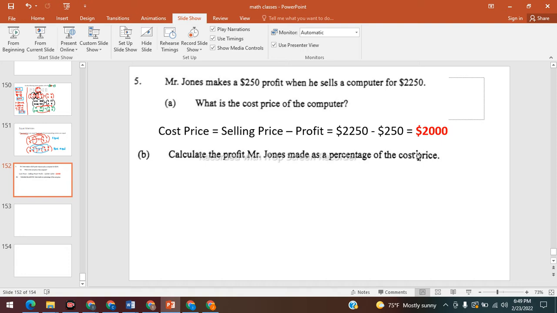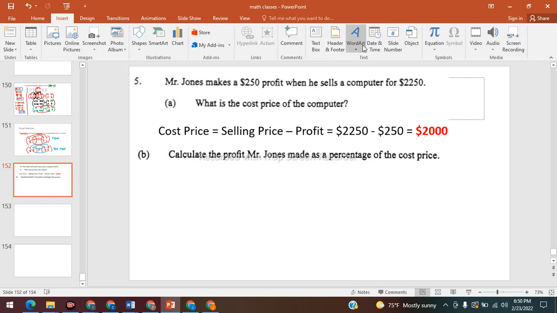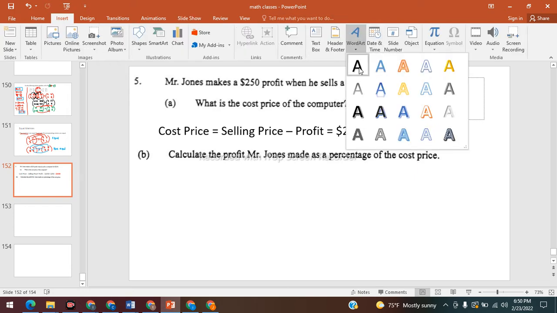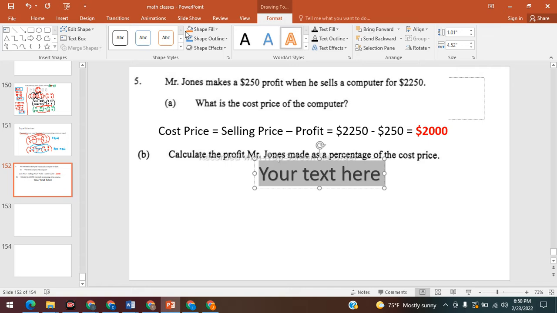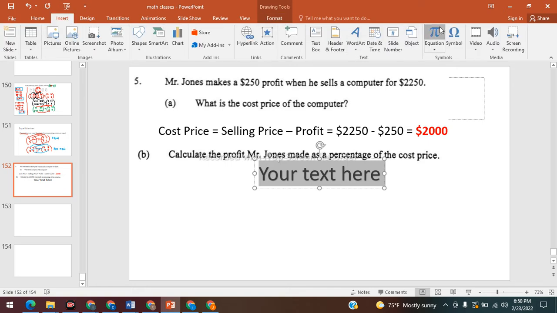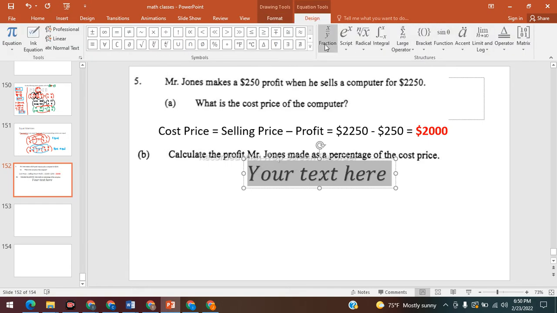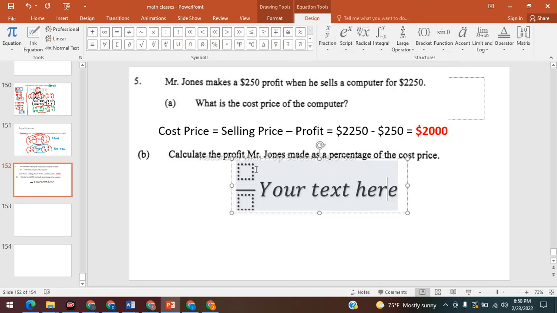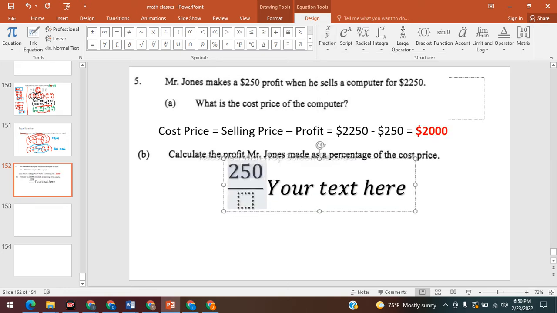Okay, so we want profit as a percentage of the cost price. So remember what the profit was? The profit was $250. So this is going to be $250 divided by the cost price, which is 2,000.